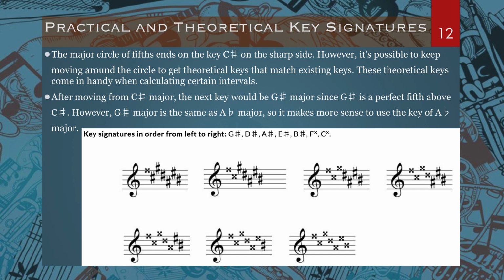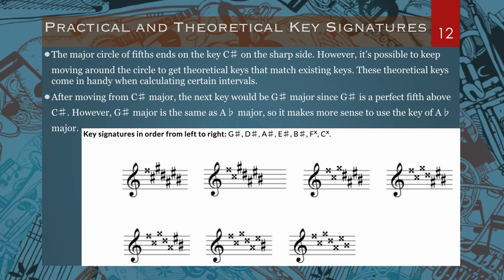If we go one step further, G sharp up another perfect fifth. A perfect fifth above G sharp is D sharp. So now you have to make the first two accidentals in D sharp double sharps. So essentially what's happening here is if you look at your G major key signature, there's one sharp.